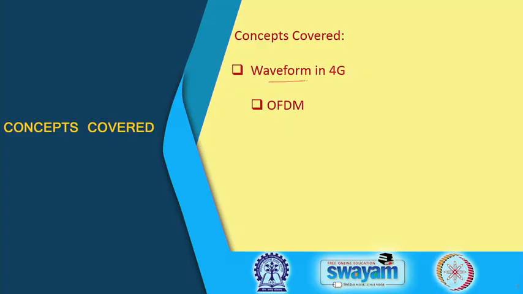It is for the fourth generation system, and we will be talking about the waveform in 4G, and primarily it will be about OFDM. Now, a brief few words before we get into the details of the discussion. OFDM, as today we will discuss, is a primary waveform.